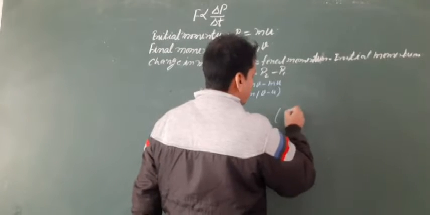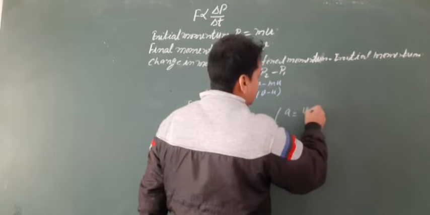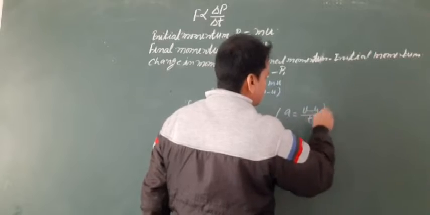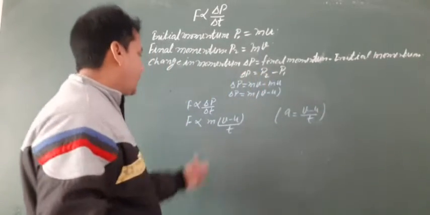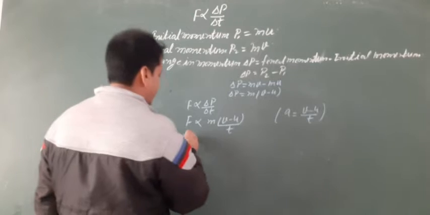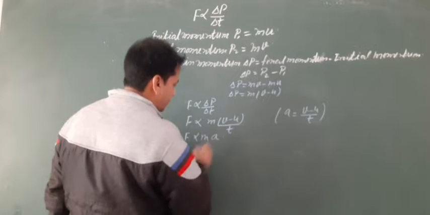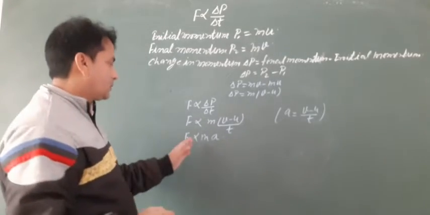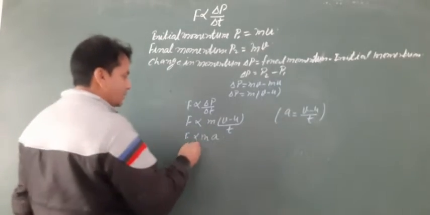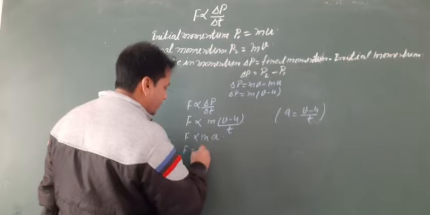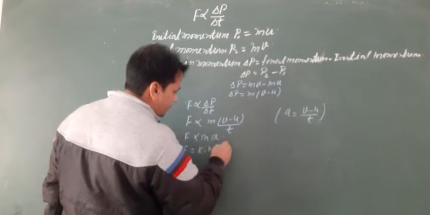So we can write F is proportional to m into A. In place of the proportionality sign, we can write F equal to K into m into A.